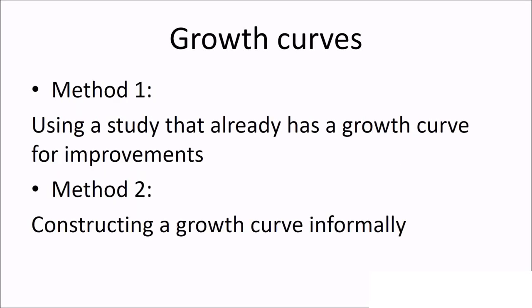How do we then use growth curves if we have collected some literature on them for looking at our reassessment times? Well, the first method is when we have a study that already has a growth curve plotted out for improvement. As I said before, for allied health profession research, this is fairly rare.